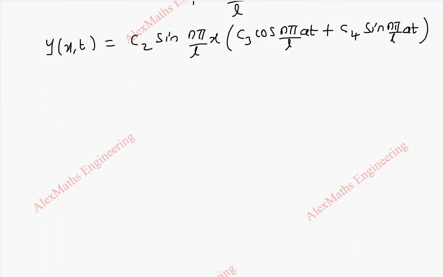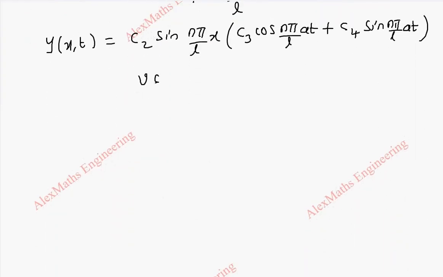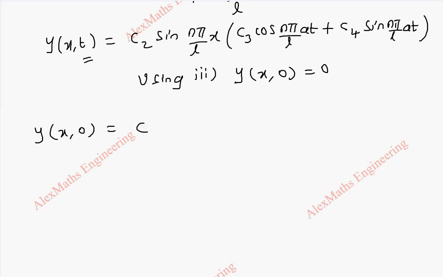Now we are going to use the third condition, that is y of x comma 0 is 0. So t we have to replace with 0. So y of x comma 0 will become c2 sin n pi x by l. Then when I substitute t as 0 here, cos 0 is 1, so we are left with only c3, and sin 0 is 0.